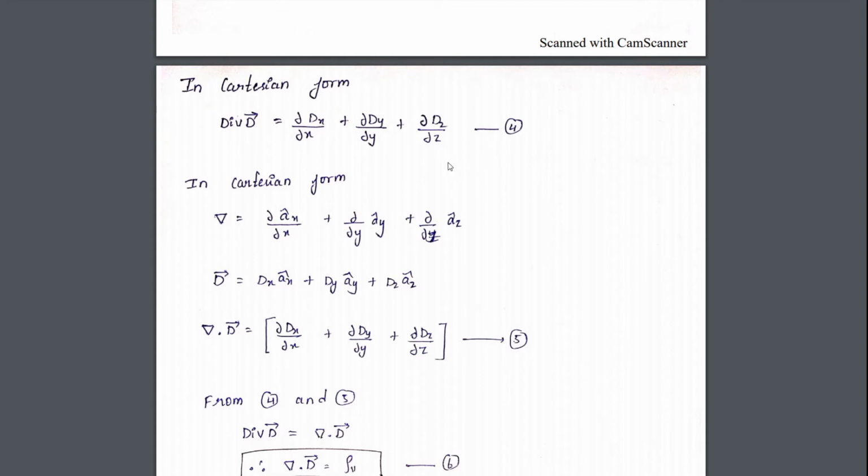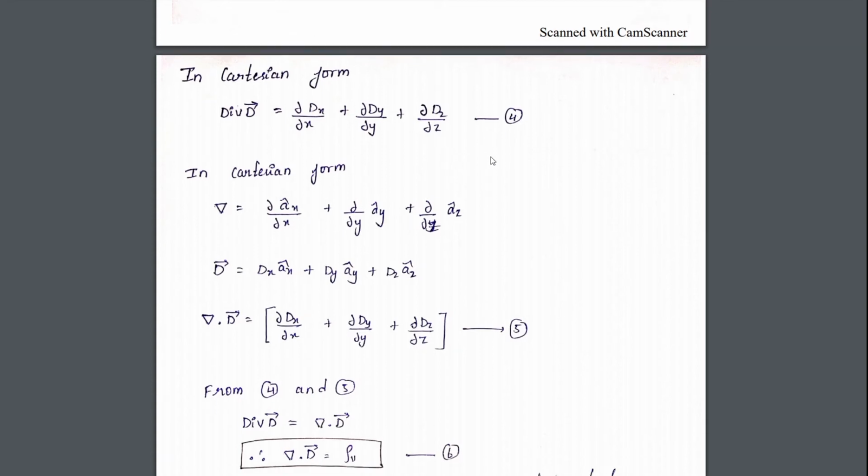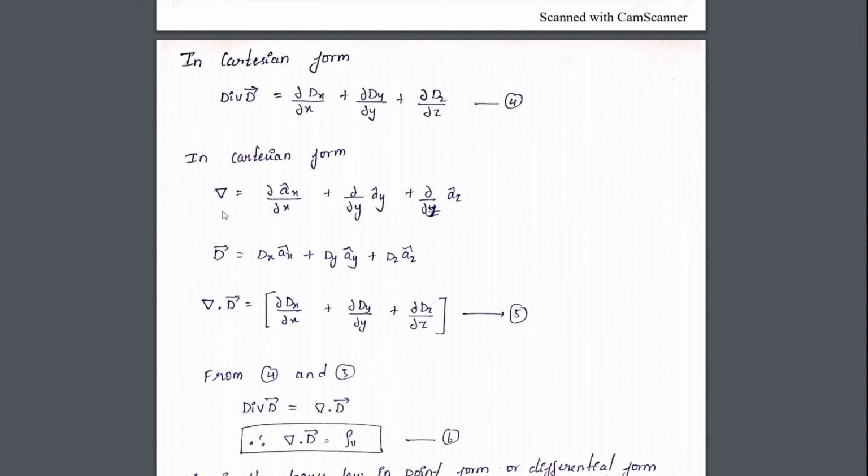Then you write the del operator in Cartesian. All of you know how to write del, I feel: dou by dou x ax plus dou by dou y ay plus dou by dou z az. And write D in Cartesian form. Then you need to calculate the dot product between del and D. So what happens in the dot product here? If you expand, you get 9 terms.